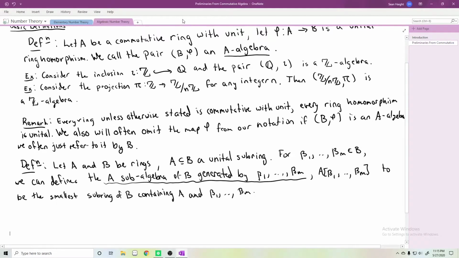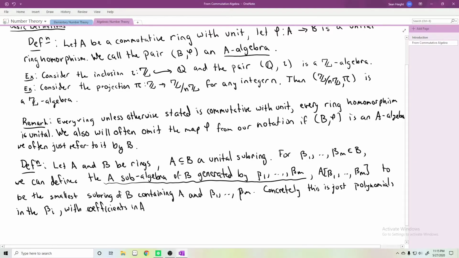Concretely, so this is kind of like an abstract definition of what this thing is. Concretely, it's really just polynomials in the beta sub i with coefficients in A. Okay.